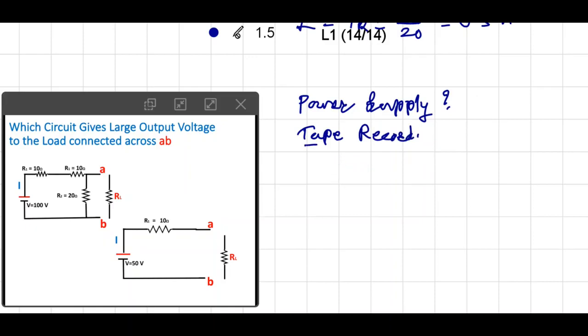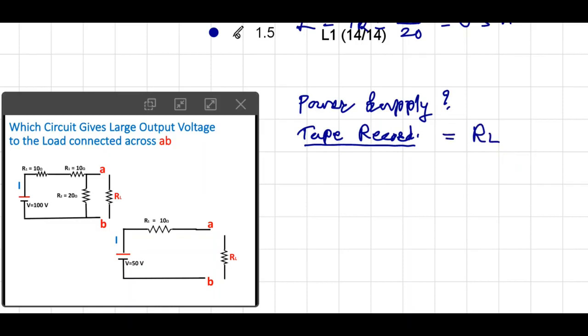For playing this tape recorder, I need voltage, and obviously this circuit is providing the voltage. If I connect the tape recorder between A and B, then it will provide energy to the tape recorder and the tape recorder will work. Now the resistance of the internal circuitry of the tape recorder is basically called a load resistance.